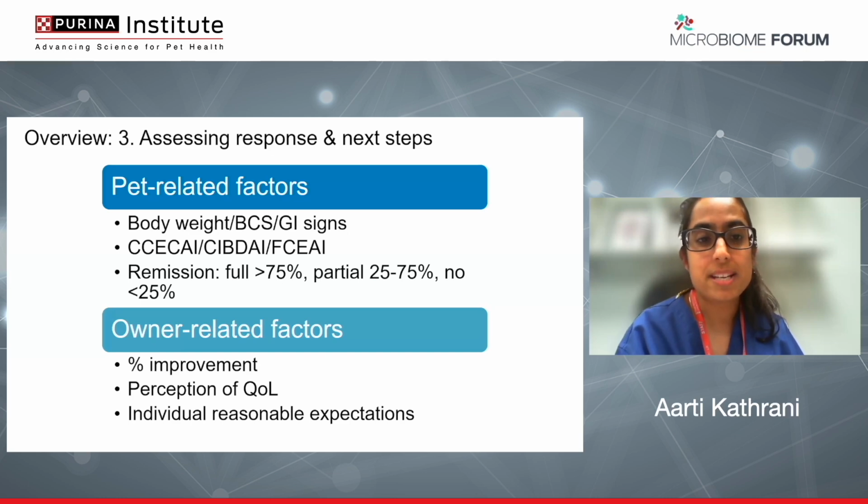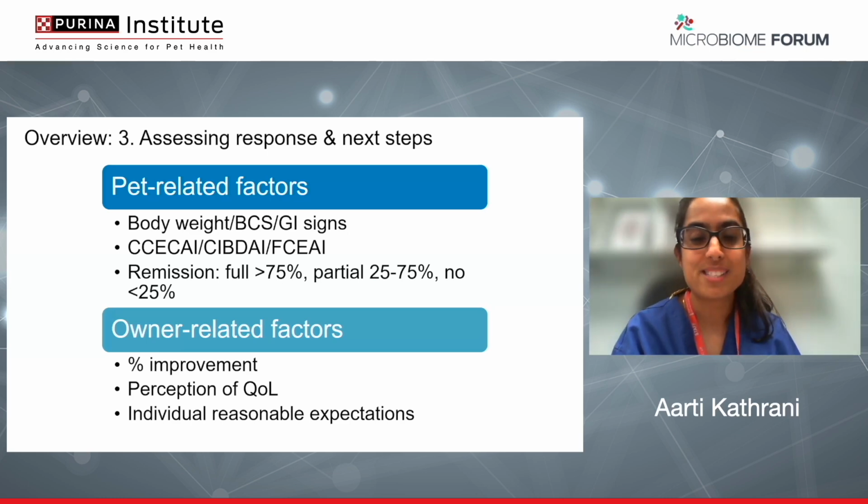I think it's really important to take into consideration owner-related factors. The amount of time I ask my owners, what % improvement do you think there's been in the GI signs? And then I compare that to the CCI or the disease activity reduction. And sometimes they just do not equate. And that may be because owners may have unreasonable expectations.